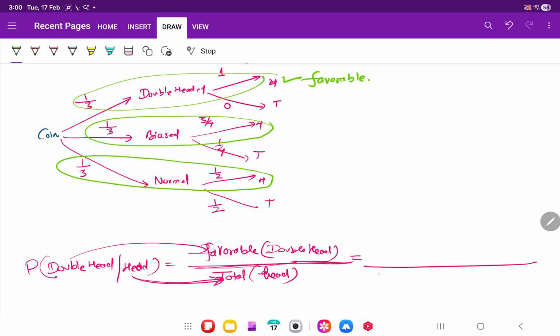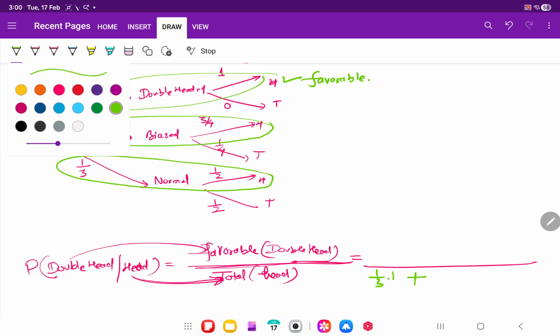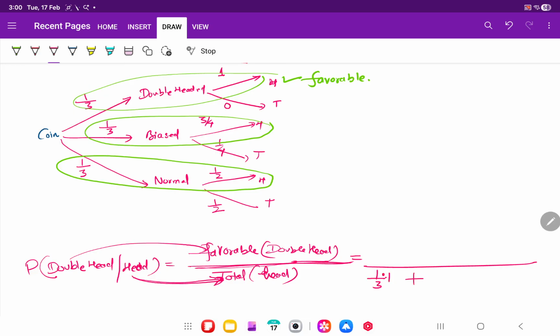So let me write down all of them. 1 by 3 into 1, or 1 by 3 into 3 by 4, or 1 by 3 into 1 by 2, correct? Which one is favorable? The first one, 1 by 3 into 1.